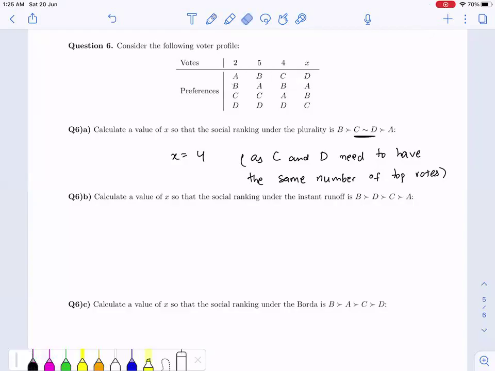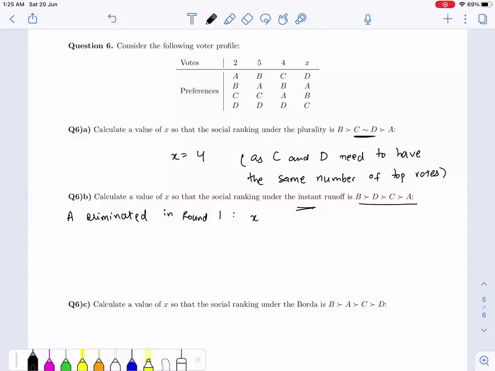For the second one, you want the ranking under instant runoff to be D, B, C, A. So that means A is eliminated in round 1. So A gets the least number of top votes.